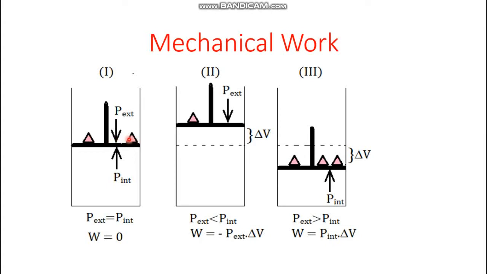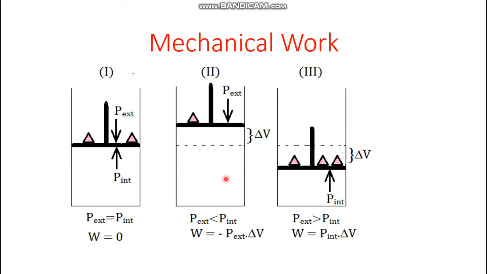If one is removed from here, then the external pressure decreases, and if another one is placed above it, then the external pressure increases. Now if we remove one weight from here, or if we put another weight on here, then there would develop an unbalanced pressure. If the pressure is decreased, then the piston would move in the upward direction.